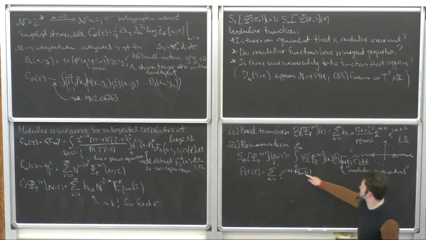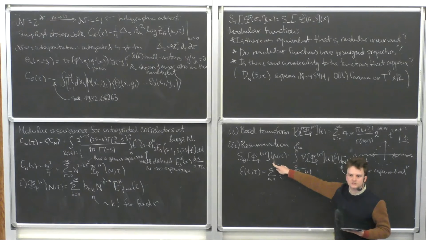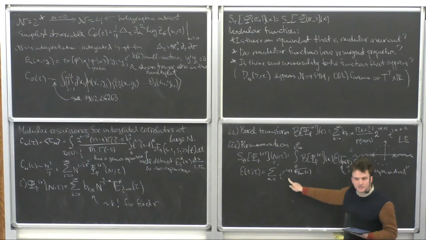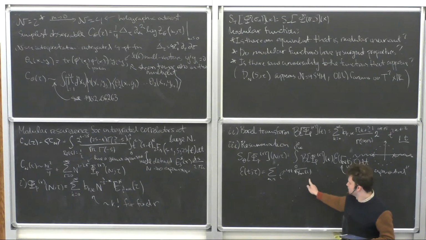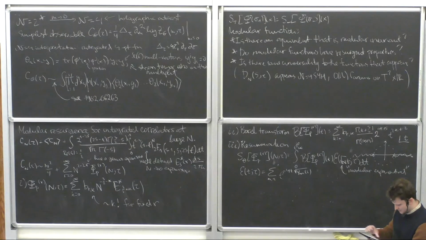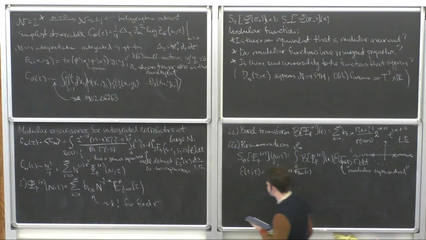Yes, so the resummation, this is still a directional Laplace transform, but the integration kernel is different. In particular, it's a modular function of tau defined this way with this kind of maybe slightly odd square root of y_mn sitting there. Indeed, yes. But I'll return to that in 1 second.